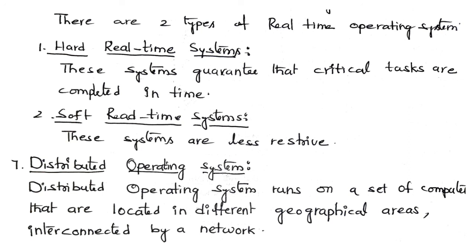Distributed operating system runs on a set of computers that are located in different geographical areas interconnected by a network, and it controls these interconnected systems and makes them appear as a single computer, and it allows all the linked machines to access data and software, and the process takes over the common network from different computers irrespective of their location on the globe.